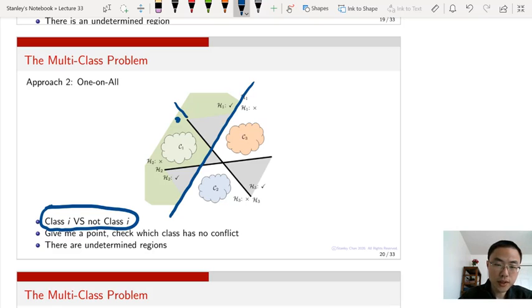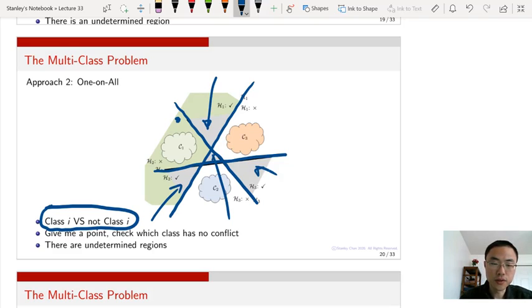So for example, you can draw this line, you can draw this line. So among all these lines, you can determine the regions where it will be classified as C1, C2, and C3. Now the problem of this one versus all approach is that you will have regions that are undetermined. So these regions, they are undetermined also for this one.